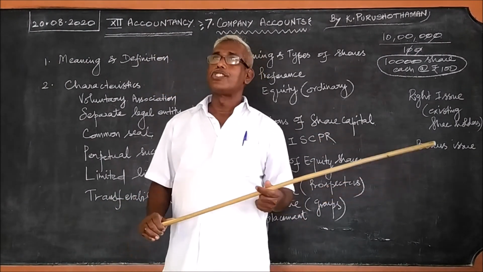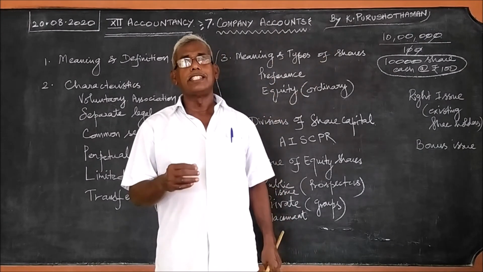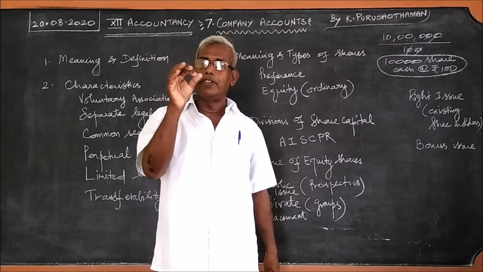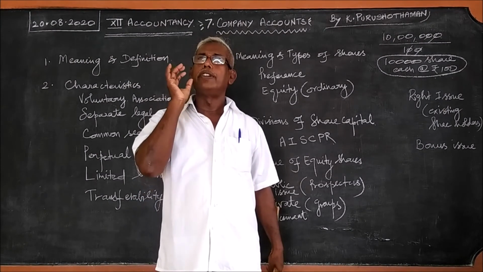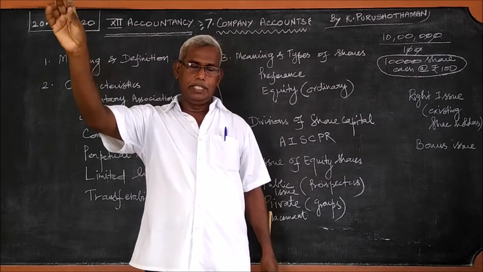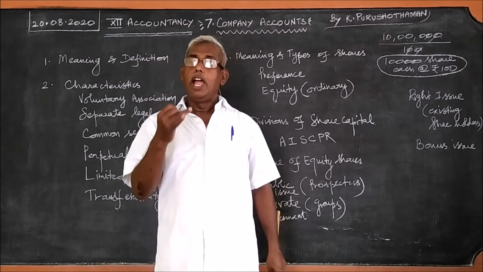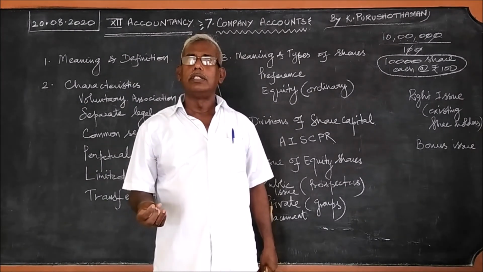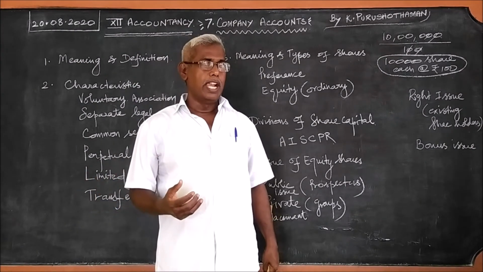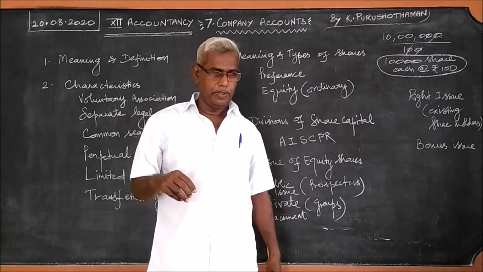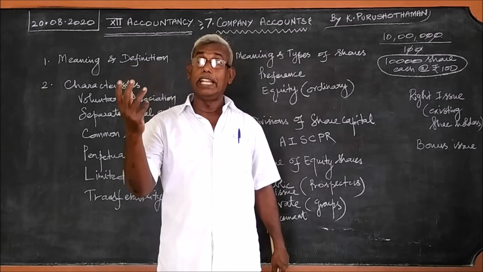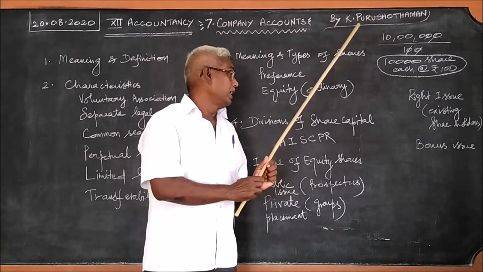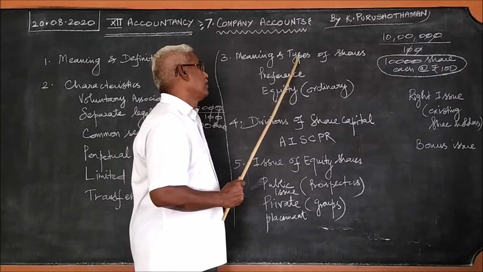So, the shares which have the preferential right at the time of dividing the profit earned by the company, number one, and at the time of refunding the capital, at the time of winding up of the business, to repay the amount invested, the preference will be given only to this type of shareholders.